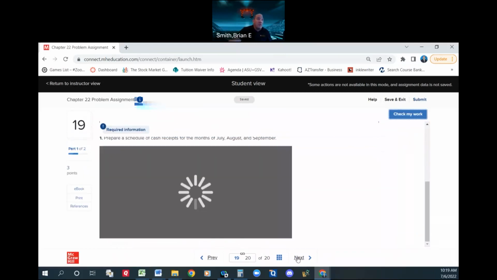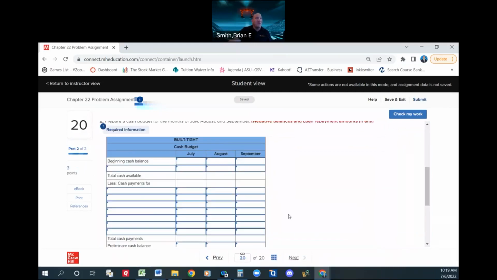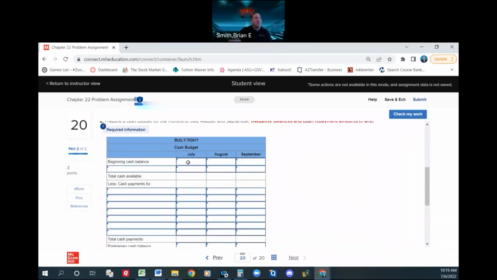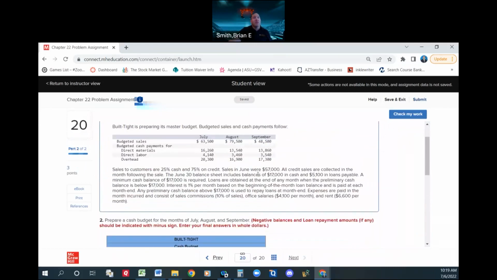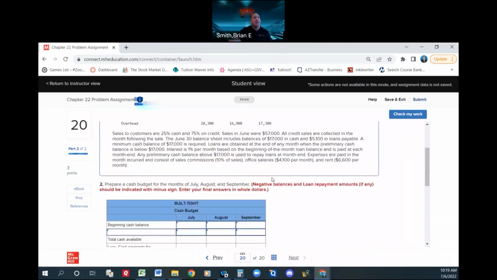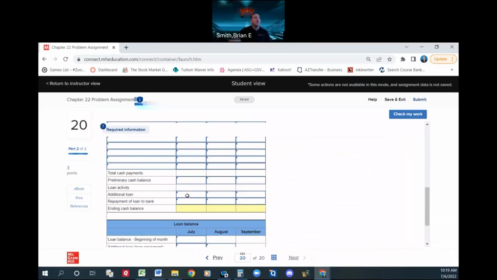Then the last one I'm guessing is a cash budget. I'm guessing because I put it in here. So beginning cash balance. It said over here, June 30th balances included 17,000 in cash. They have a loan down here. Activity, additional loan.